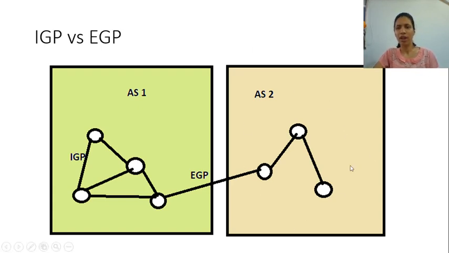Also consider I have some other set of network devices which are under the administrative control of, say, company XYZ. Then these devices do not belong to the same autonomous system as the devices belonging to company ABC. These devices are going to be under a separate autonomous system.